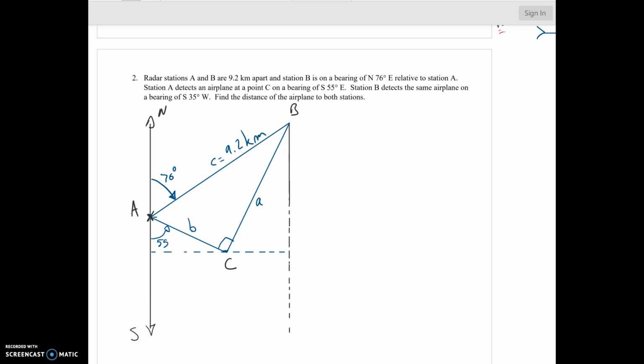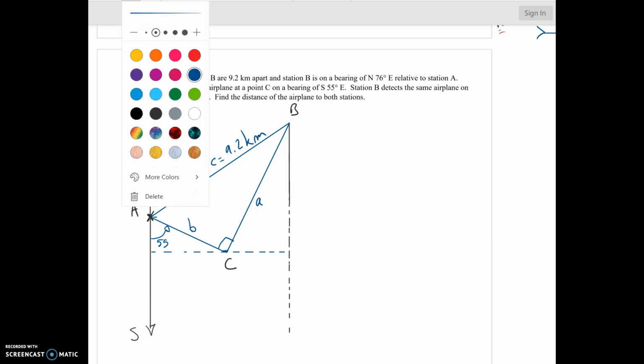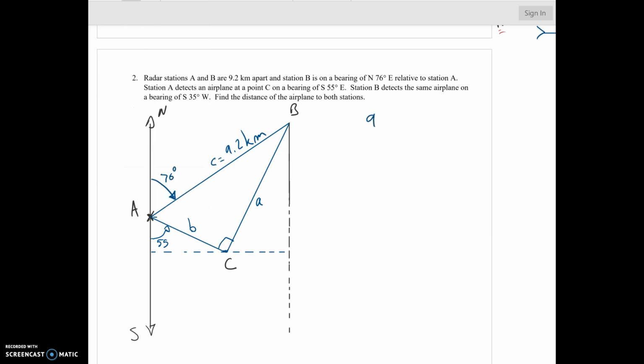I would like to remind you that we are basically dealing with the angle B. So first of all, 90 degree minus 76 degree is going to be equal to 14 degree.